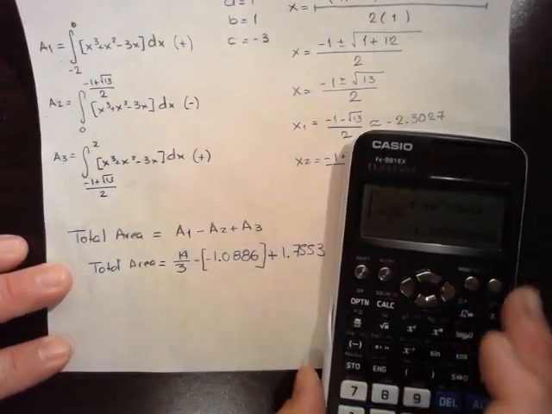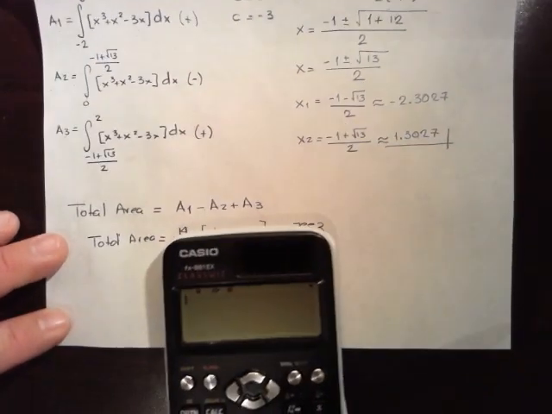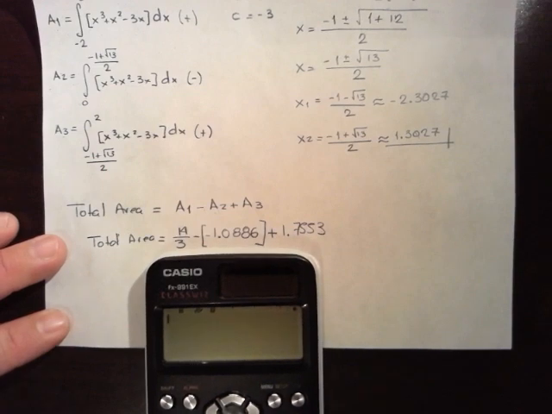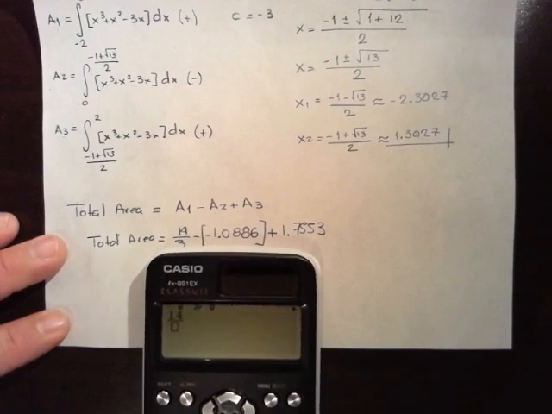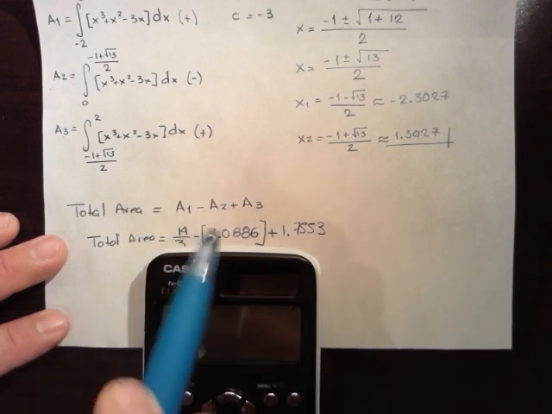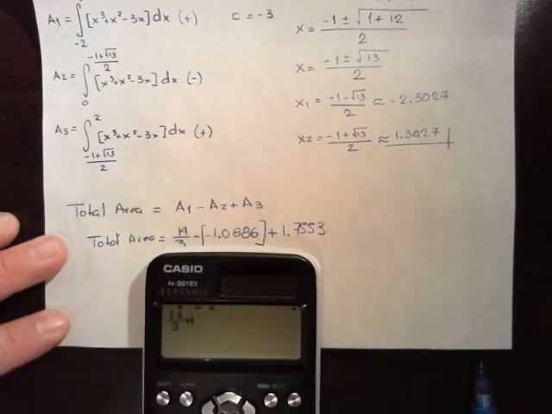The only thing that I need to do right now is just to add them. I'm going to add 14/3 plus, because here we have minus and minus, plus 1.0886 plus 1.7553.